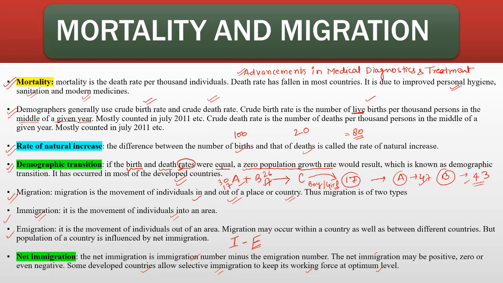Just to have that labor force with themselves, they need some support, and that is why they call individuals from different countries, they allow them to work in that place. Okay, so that will increase their net immigration. Okay, so in this way they can balance it.